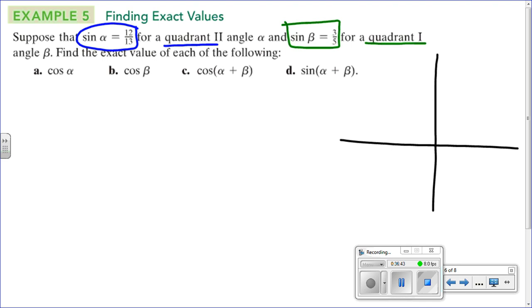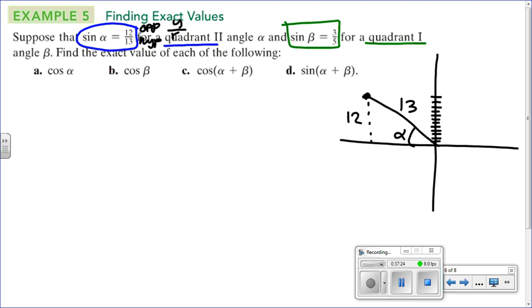For quadrant 2, we're given the sine, and so we know that sine is the opposite over the hypotenuse, in other words y over r, the radius. So the y value is positive 12. This is angle alpha, hypotenuse is 13.